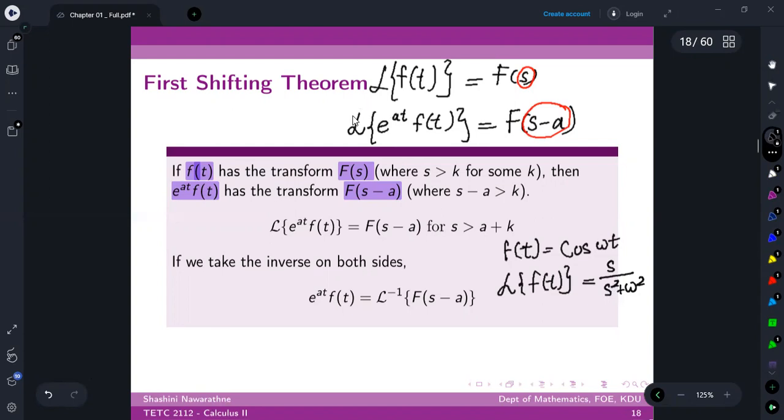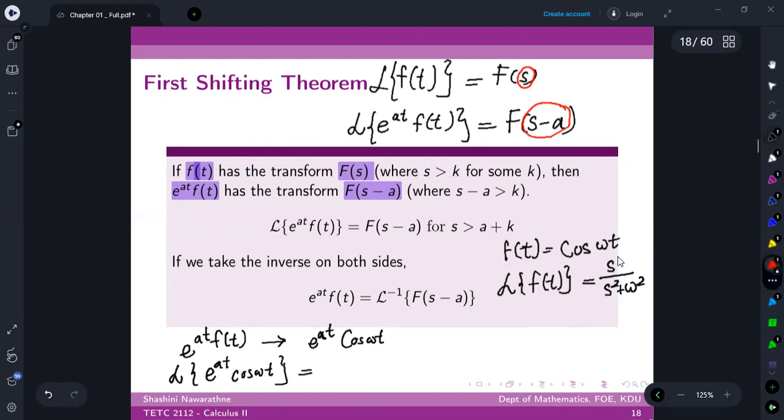So if we consider the new function e to the power at times f of t, that means e to the power at times cosine omega t, then the Laplace transform of this new function, we can obtain by replacing all the s terms in this expression by s minus a.